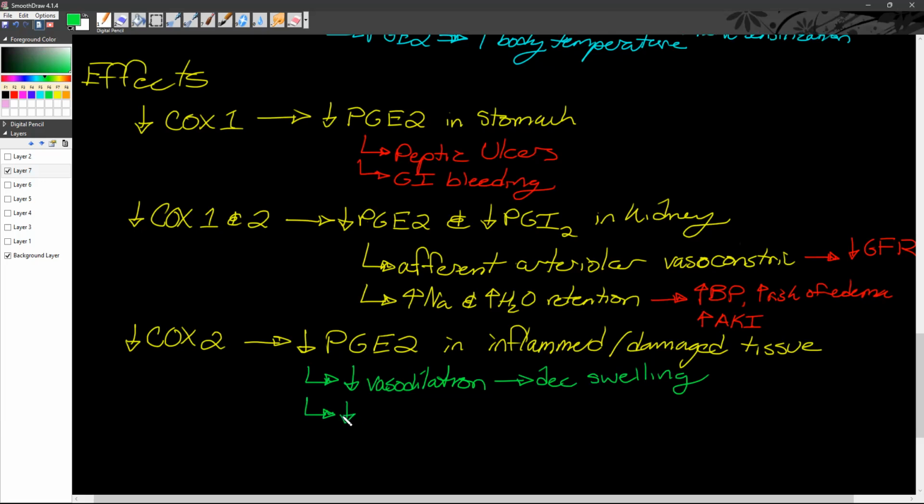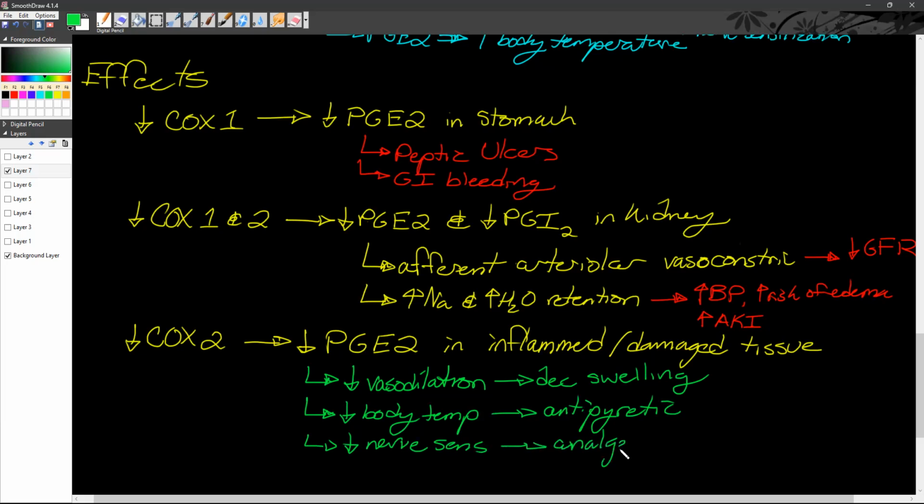Likewise, we're going to decrease the body temperature, which is going to act as an antipyretic. And then decreasing nerve sensitization, which is going to be our analgesia that we are looking for.